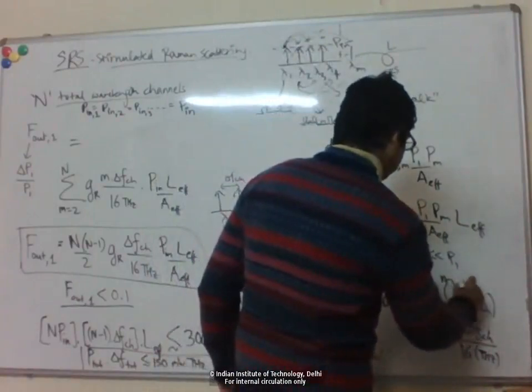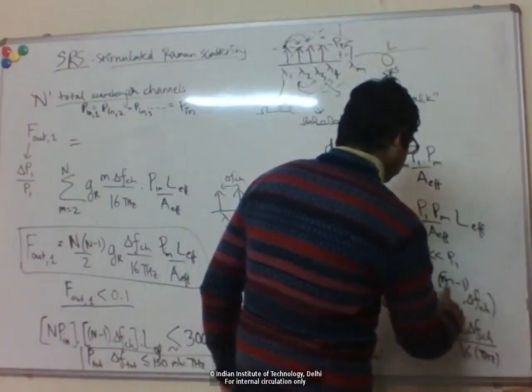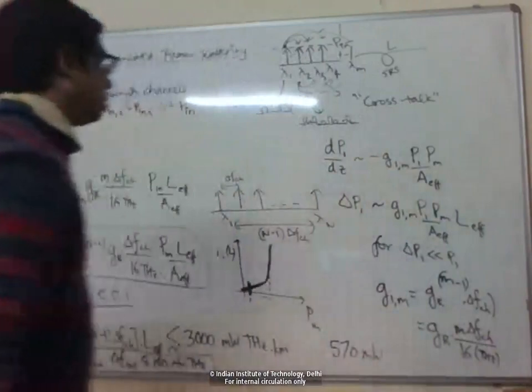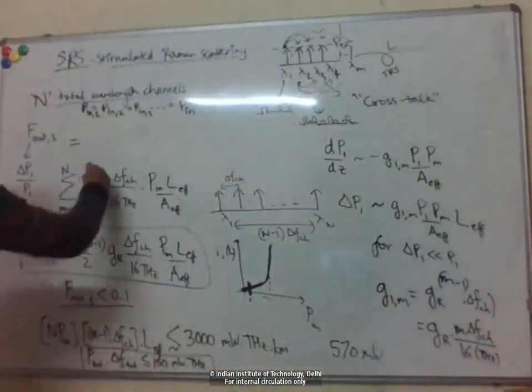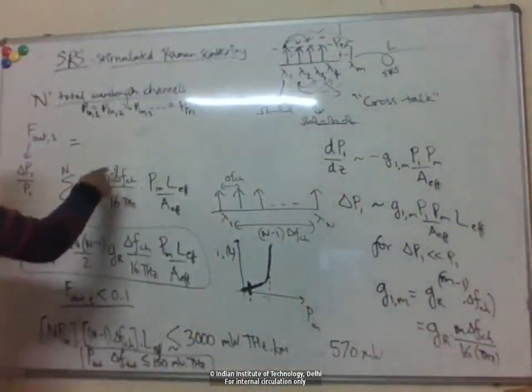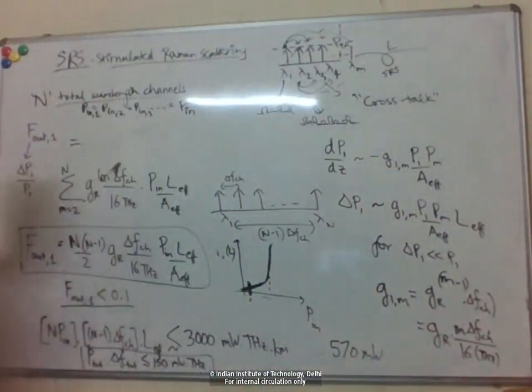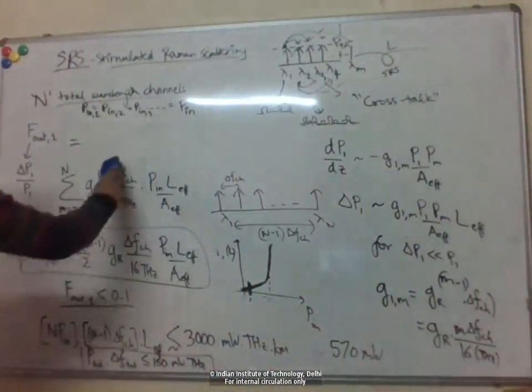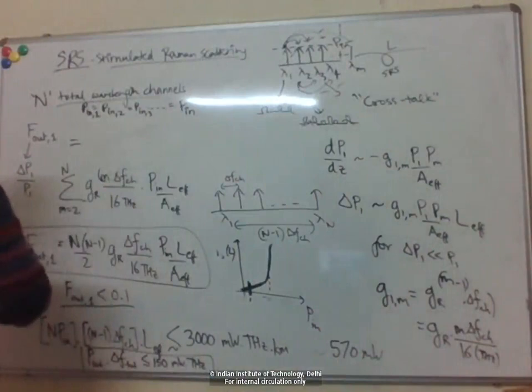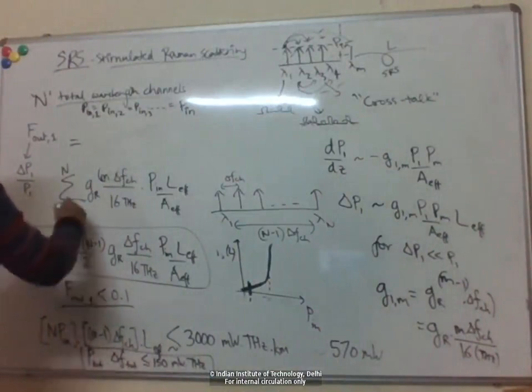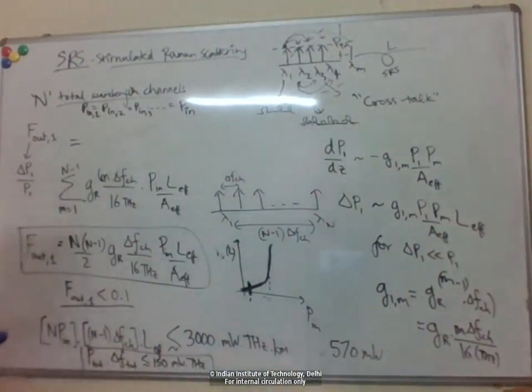This is M-1. Yeah, so then the sum would be like M-1, or the sum of M from 1 to N minus 1. Yeah.